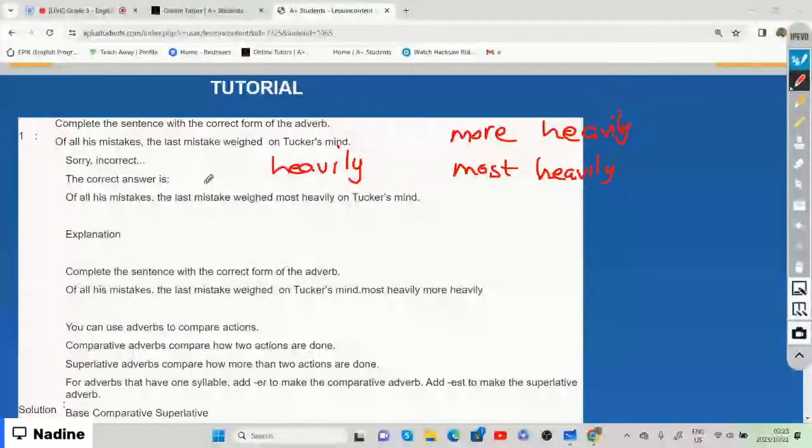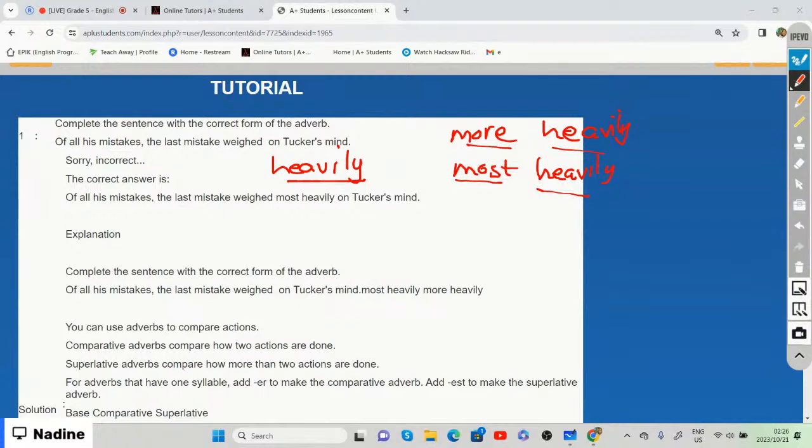And that is our base word. So once again, we know now that we're either going to add most or more to our word, right? But now we need to see if we are comparing two actions or more than two actions.